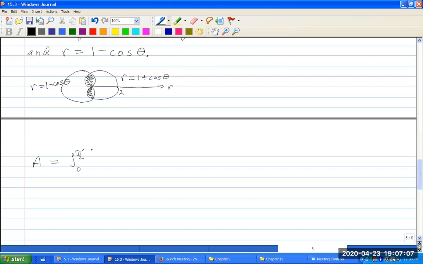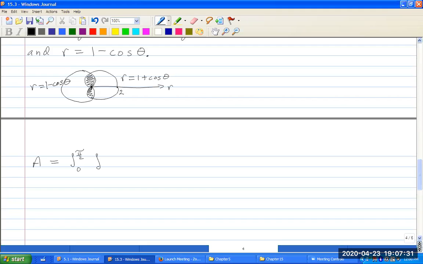I'll start out here from the angle here. Well, the angle here will be 0 to pi over 2, but this, here, yeah, I can sort of draw that.